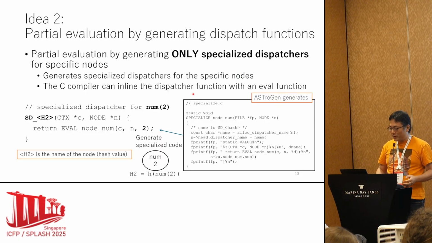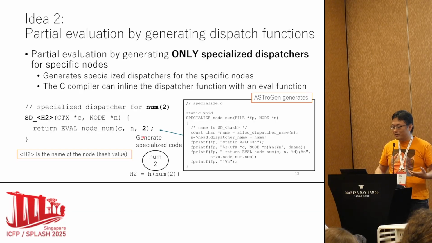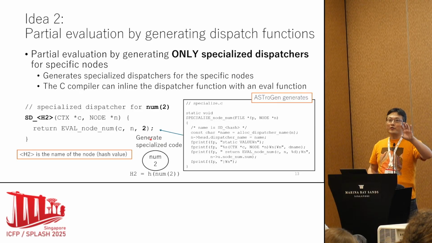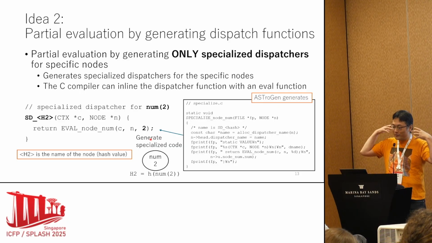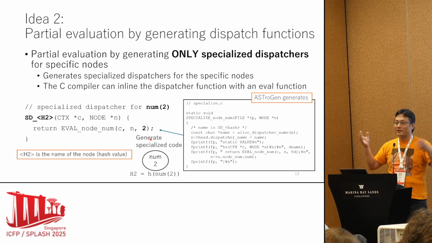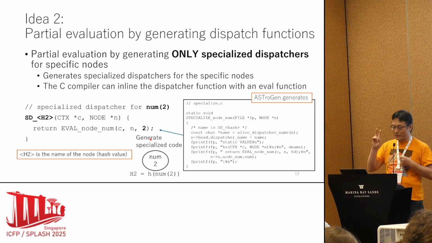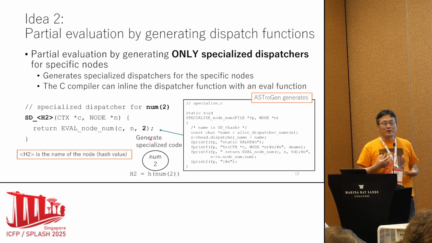For example, if we want to specialize the node num, then we generate the dispatch function with the actual constant 2. The general one reads the number from the node, but we already know that the actual number is 2, so we can simply pass the number 2 to the eval function.